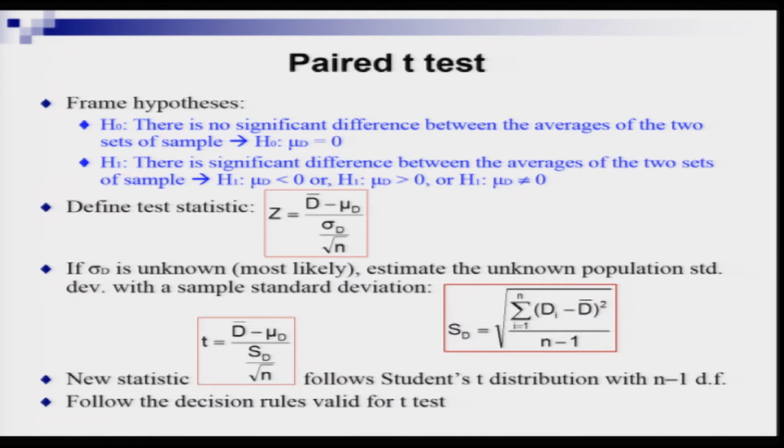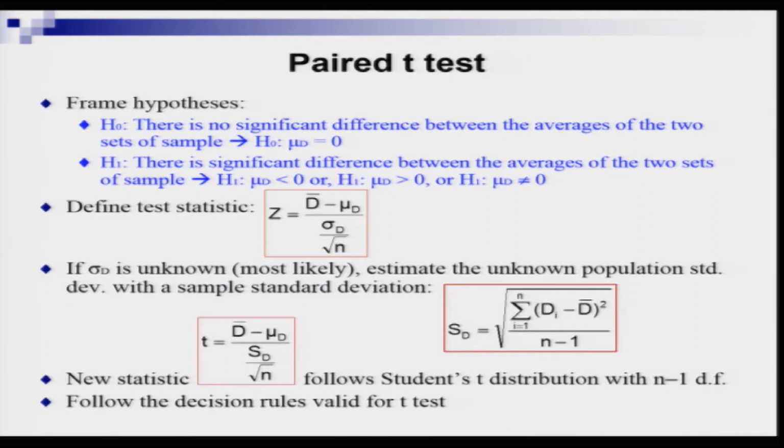We define the alternative hypothesis as there is a significant difference between the averages of the two sets of samples, and there can be three types of mathematical form that one can assume. The first one gives you a left tail test, where you write the alternative hypothesis as mu_d less than 0. The second type could be the right tail test, and there you write your alternative hypothesis as mu_d is positive, or you can have a two tail test where you can write H1 as mu_d not equal to 0.